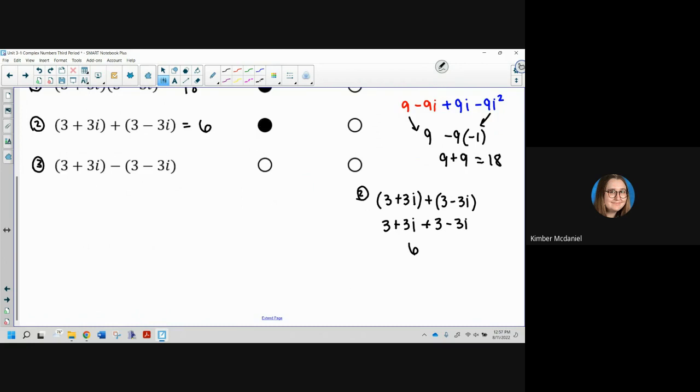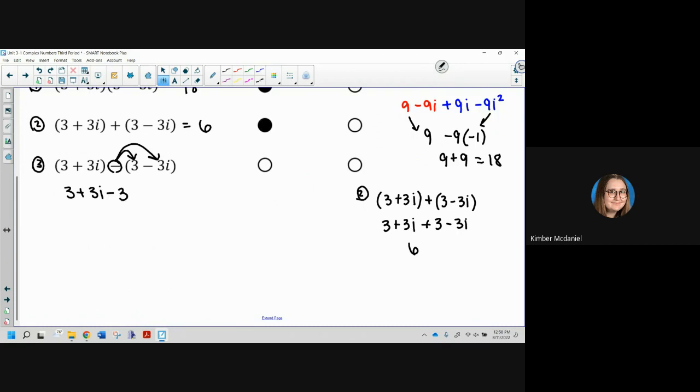Now I'm going to do the work for number 3 right here because I have the room. For our final expression in this example, we have 3 plus 3i minus 3 minus 3i. Again, right here, we don't have anything in front of us that we need to distribute, so we're going to drop the parentheses. We stated earlier, and then again just now, that a negative, we do have to distribute. So a negative times a positive 3 is going to be a negative 3.